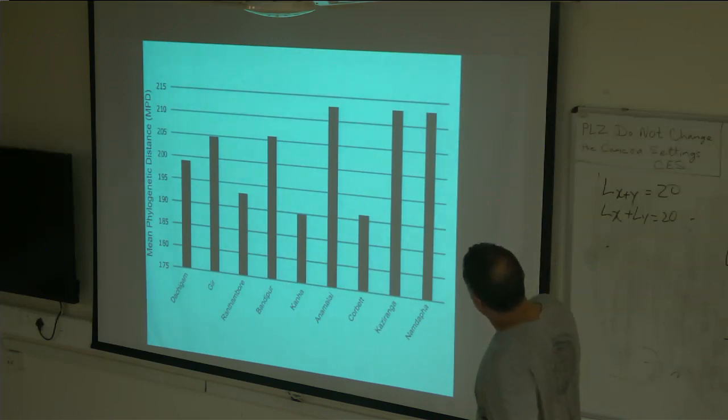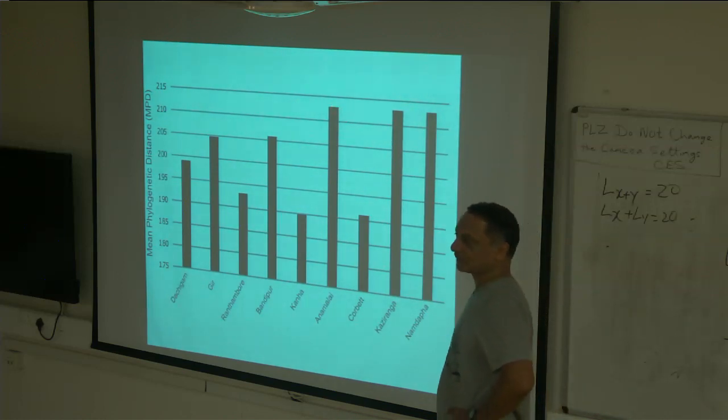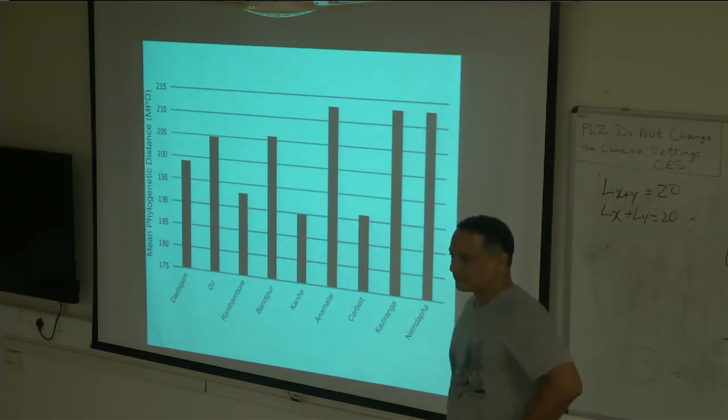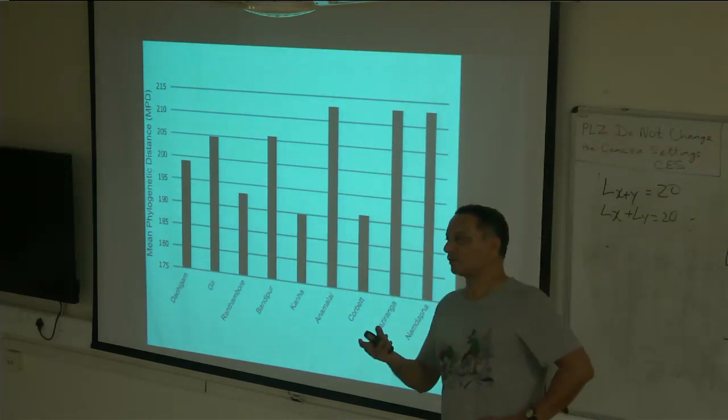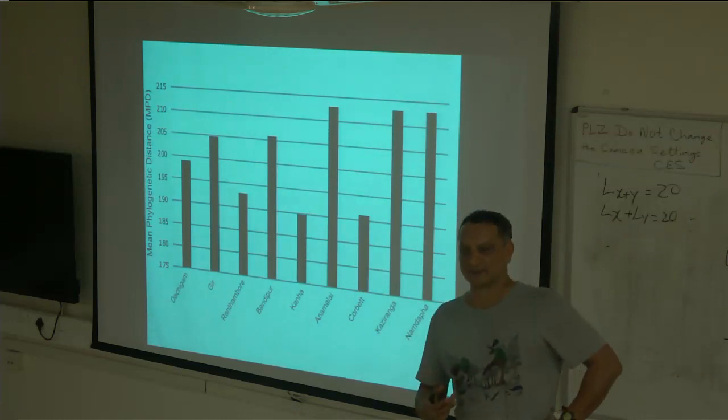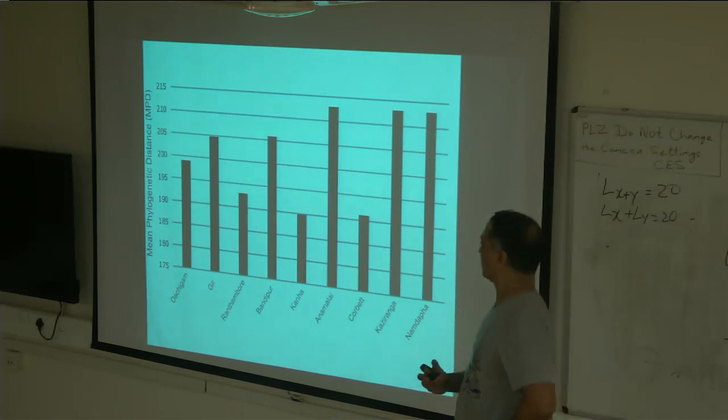And Kaziranga and Namdafa are comparable, and look at Anamalai, very high, right? So then you can begin to ask the question, what are the species that are contributing to high PD in some of these places, right?